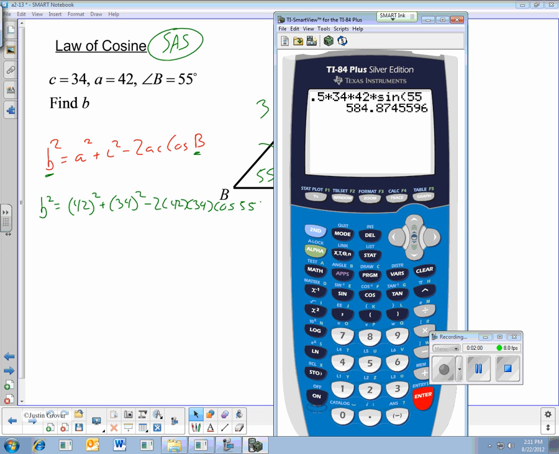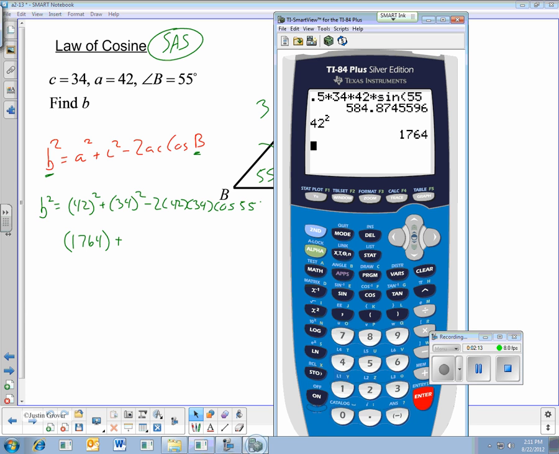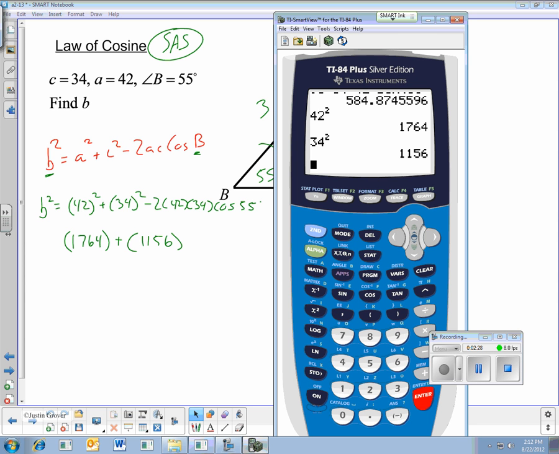And so let's see, we have 42 squared. That's 1764. And 34 squared, I always like to do it piece by piece, 1156, because I don't like typing the whole thing into the calculator because I just think there's a good chance you're going to mess up with parentheses and so on.